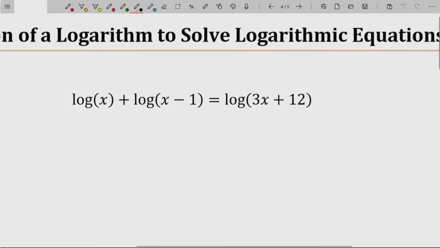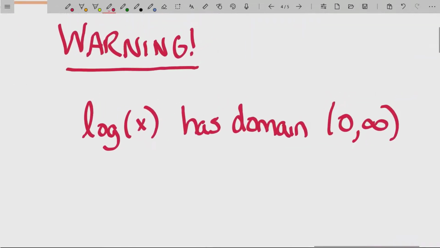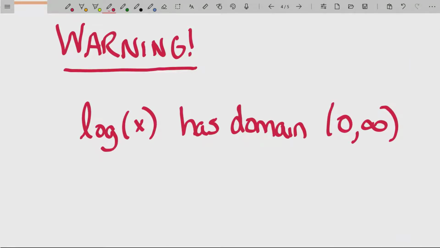Something you need to be highly aware of when you're solving logarithmic equations: the logarithmic function has a domain of only positive real numbers. I say only, but there's an infinite number of them, so you have a lot to choose from. But the reality is, log of something requires that something to be positive.